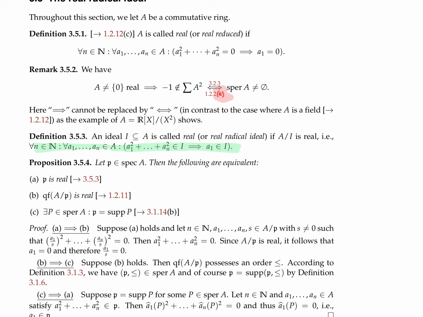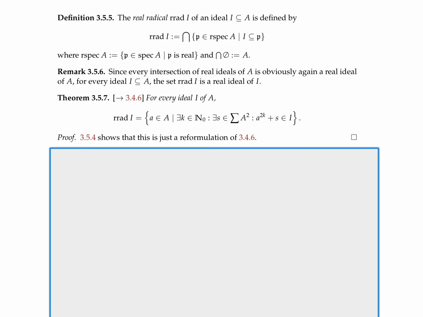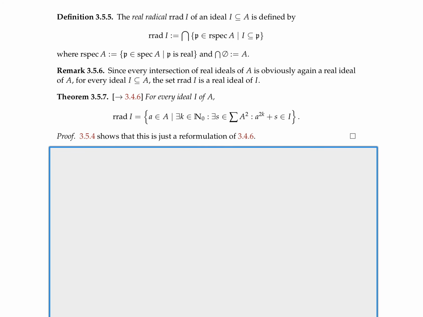Which says that the real prime ideals are exactly the supports of prime cones. I can reformulate this, because an element A of my ring A is in the real radical of I means that for every real prime ideal P of A, A hat of P is 0.